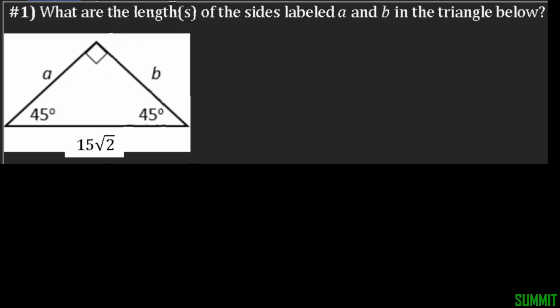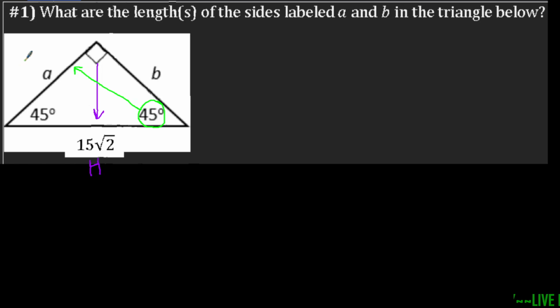So what I can do is I'm going to say, okay, let me label my sides. Here's my right angle. Across from that is my hypotenuse h. So that 15 times the square root of 2, that's going to be labeled h. And then I can pick an angle, and I'm going to say this angle inside is going to be my angle theta.